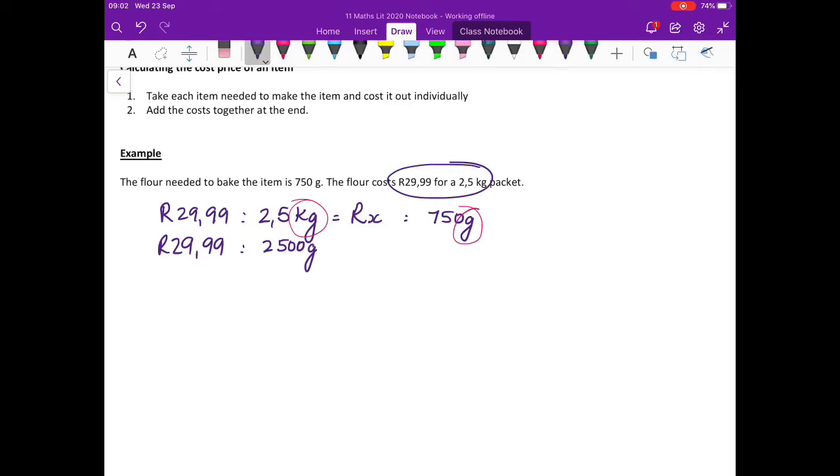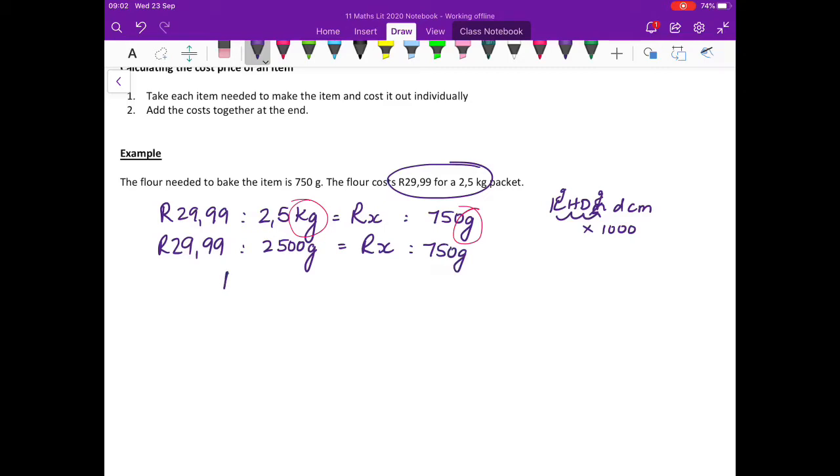And remember what we did: King Henry died miserable death called measles. But remember, we're using grams here. So kilograms to grams, we're going to multiply by 1,000. We need to calculate rands for 750 grams.